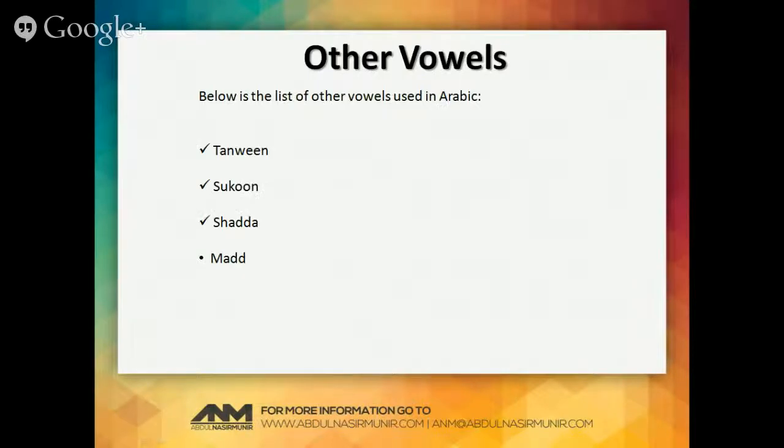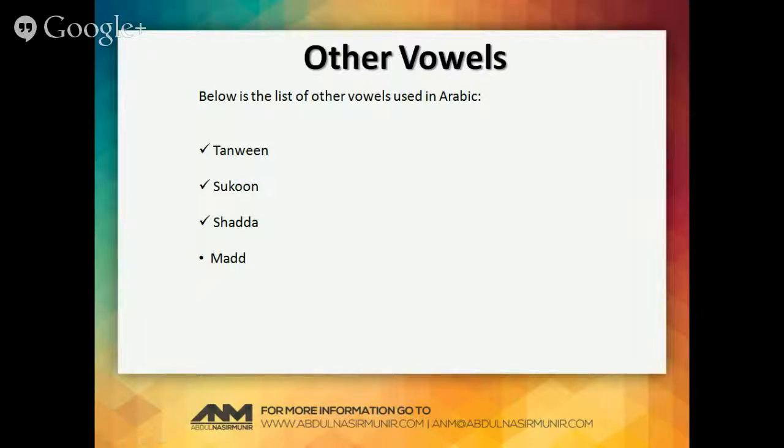Okay, so today we're gonna talk about our last section of other vowels, which is mad. And the mad section is basically a very big, vast section, and there are many categories in mad.